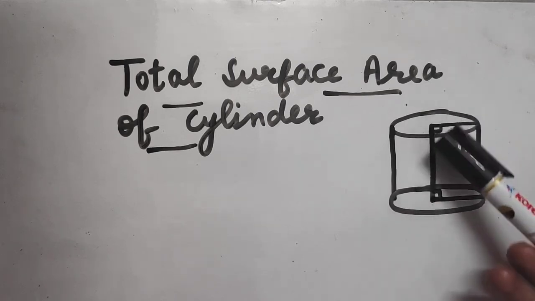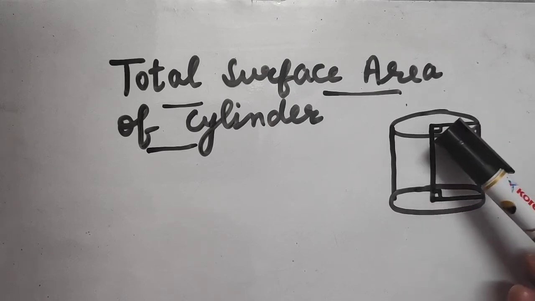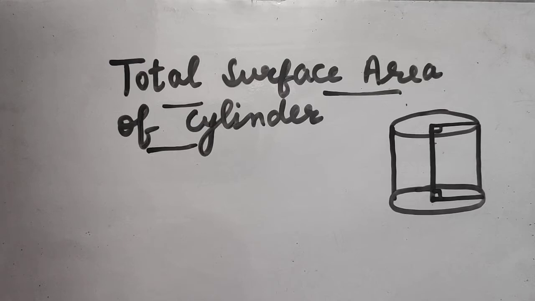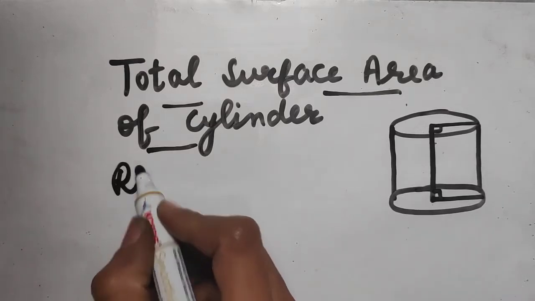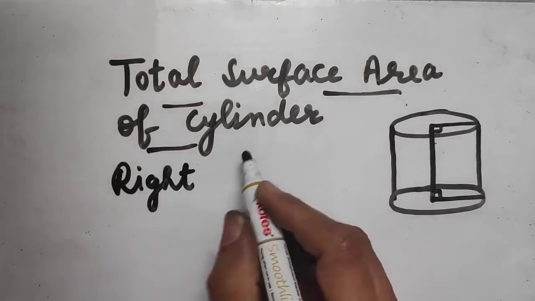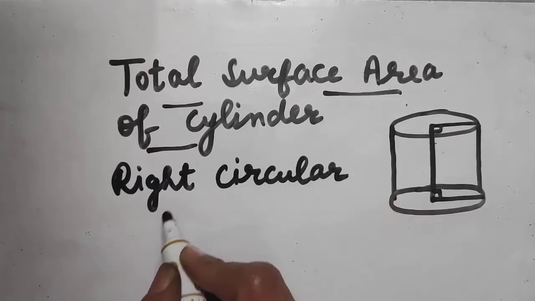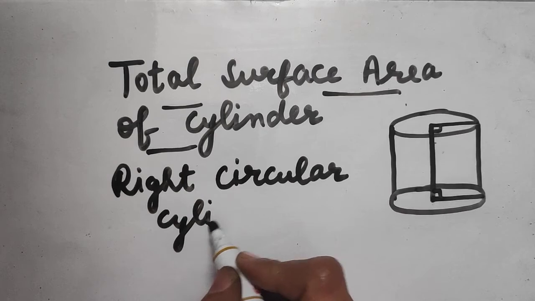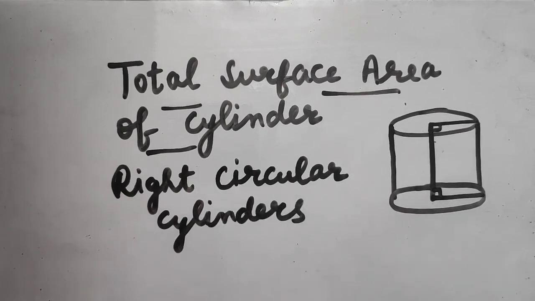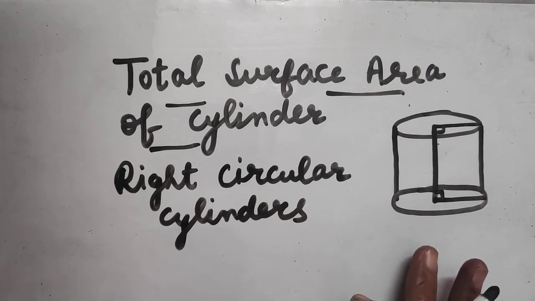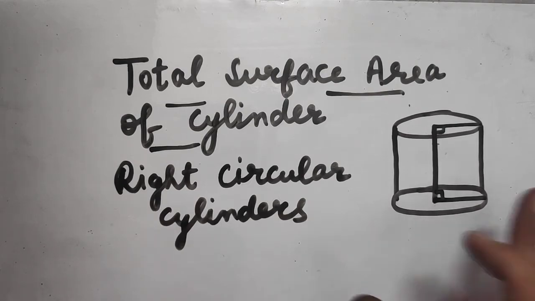Such cylinders are known as right circular cylinders. So here in this chapter, we are supposed to deal with this type of cylinders only, though there are other types of cylinders as well.